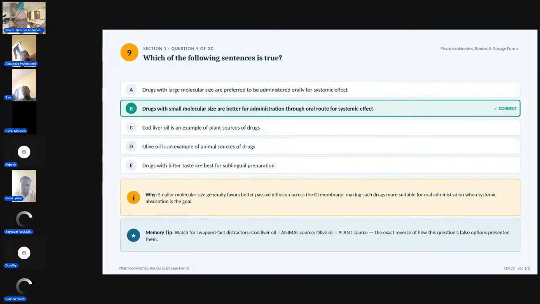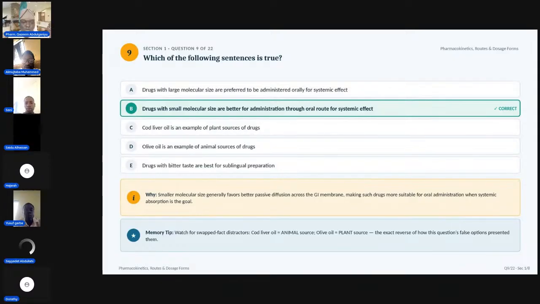And then the next question: which of the following sentences is true? So if I'm going to go through it, drugs with large molecular size are preferred to be administered orally for systemic use. Does it make sense? Drugs with large molecular size, yes, they are drugs that have large molecular size, but is that the reason why they are administered orally?